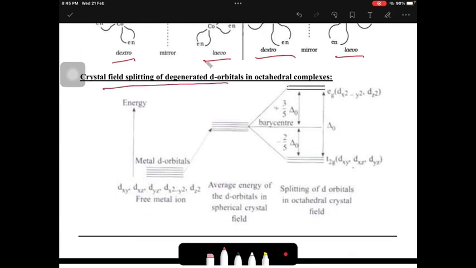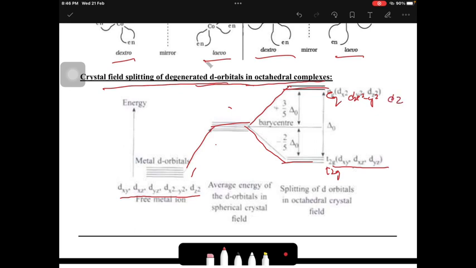Crystal field splitting of degenerate d orbitals in an octahedral complex. The 5 d orbitals are dxy, dxz, dyz, dx²-y² and dz². These 5 orbitals take energy and go to a higher energy state, and when ligands approach the central metal atom, they split into two sets, eg and t2g. t2g has 3 orbitals: dxy, dyz, dxz, and eg has 2: dx²-y² and dz².